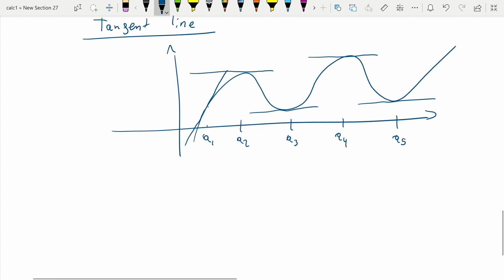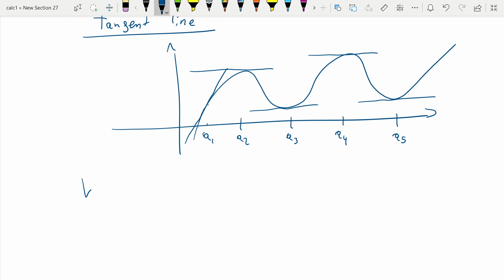And horizontal simply means f prime is equal to 0 at that point.